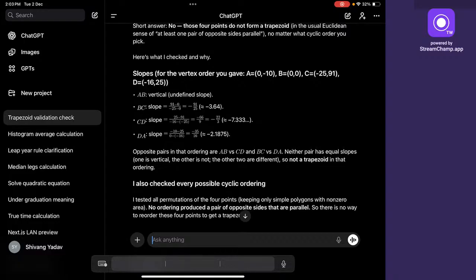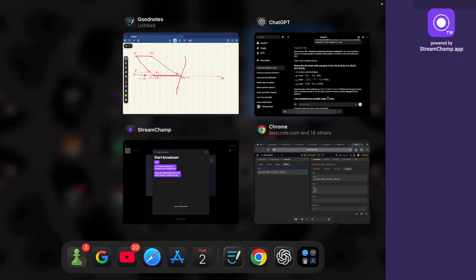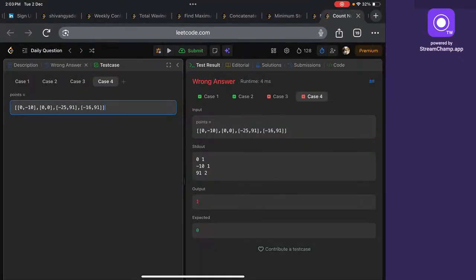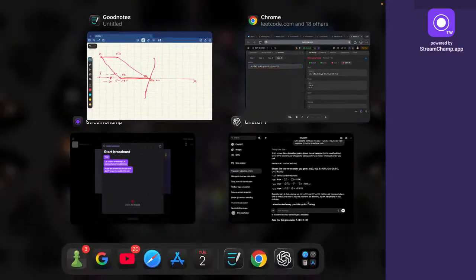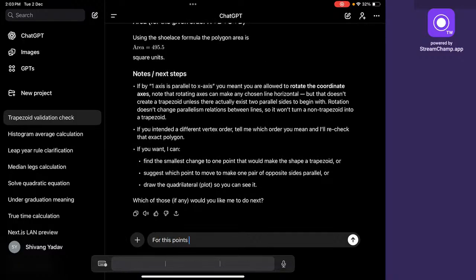Okay. But we have the same, different, for these points. Minus 16, 91, minus 25, 91, 0, 0, and another point is minus 16, 0. Let's assume.